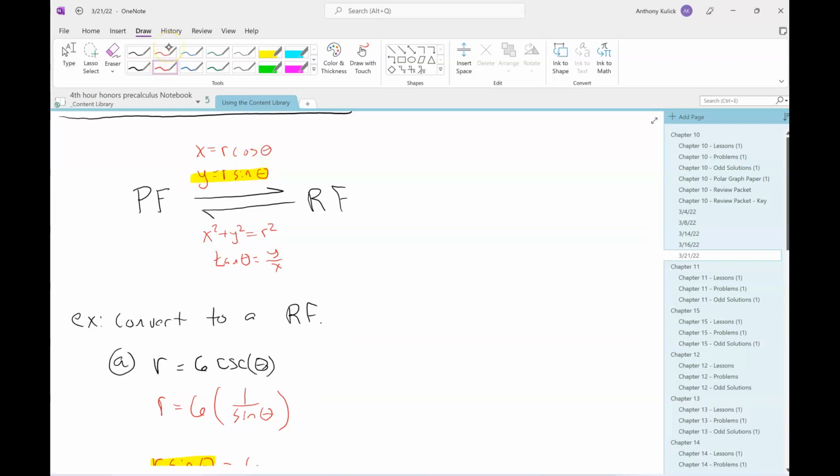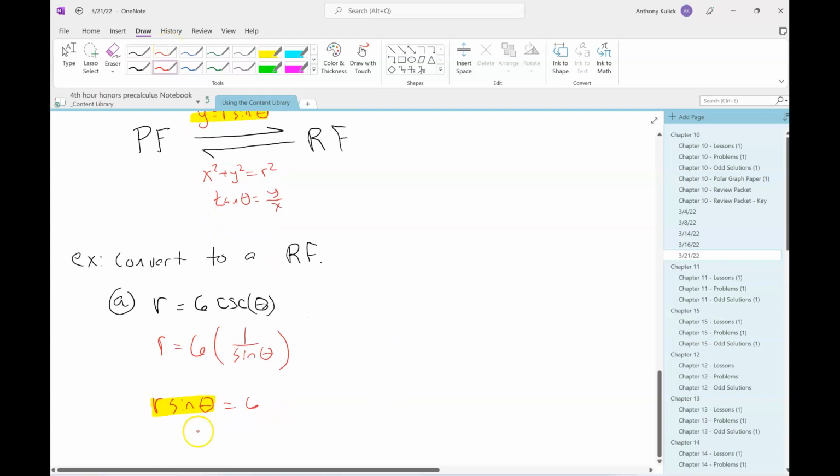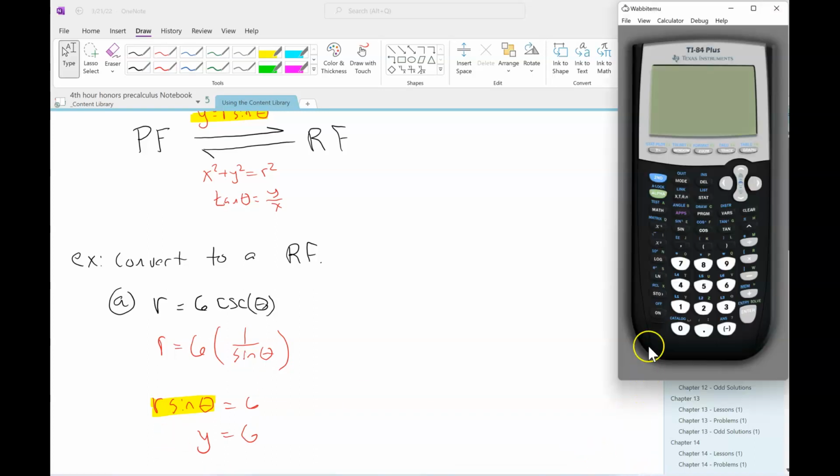It's y. So this equation is just good old y equals 6. What's that graph look like? The graph of y equals 6. Yeah, a horizontal line, right?